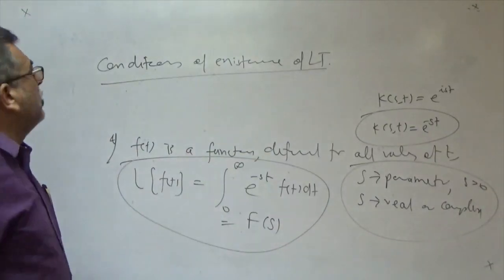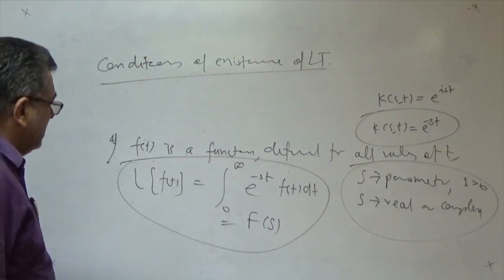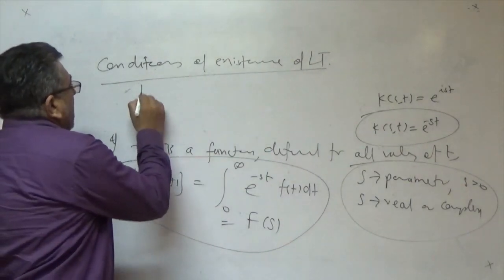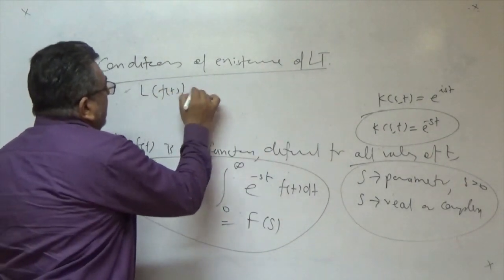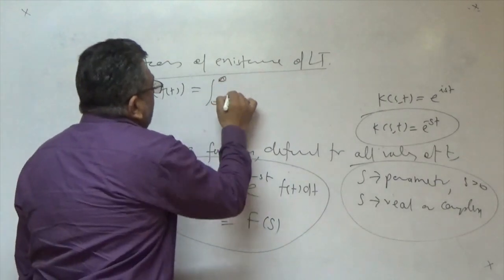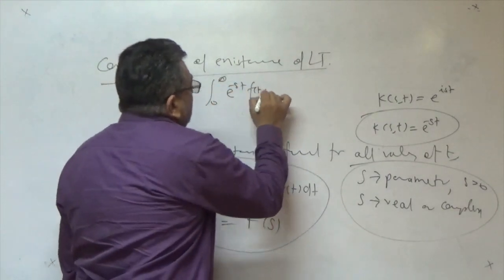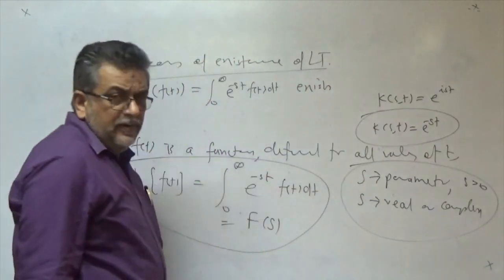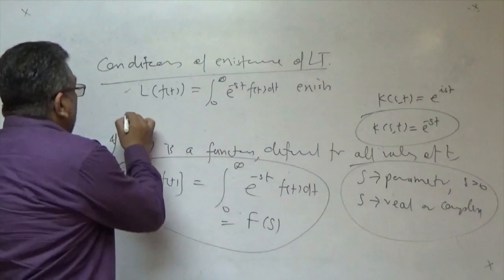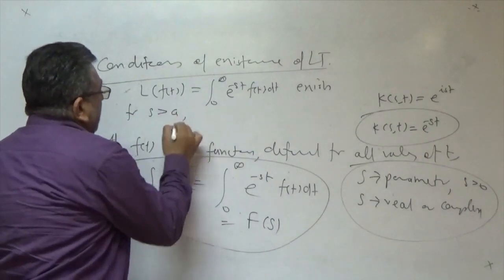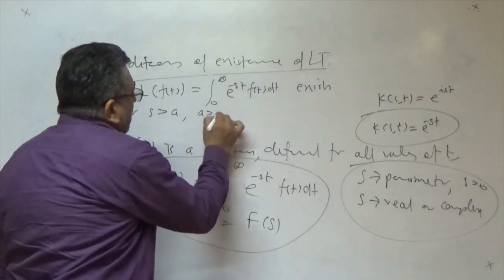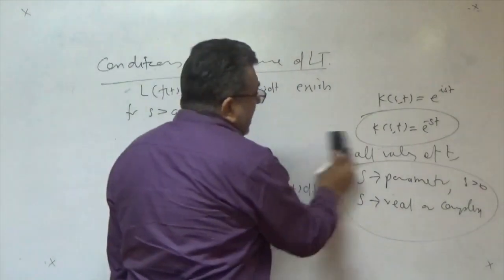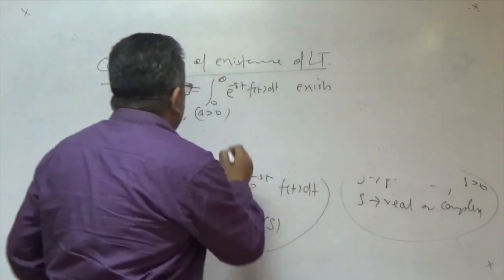If you discuss the conditions of existence of the Laplace transform, there are simply two conditions for existence. First, the Laplace transform of f(t), that is the integral from 0 to infinity of e to the power minus st f(t) dt, exists for s greater than a, where a is a positive constant, if two conditions are satisfied.